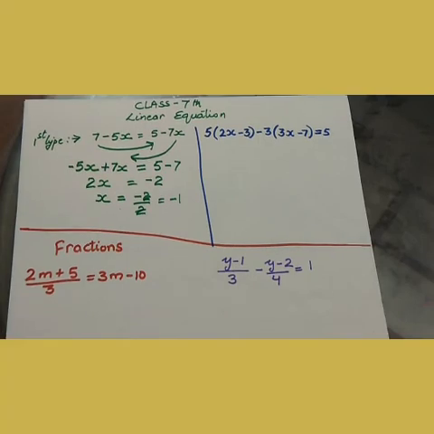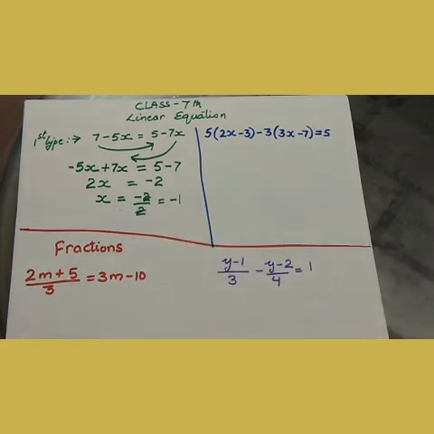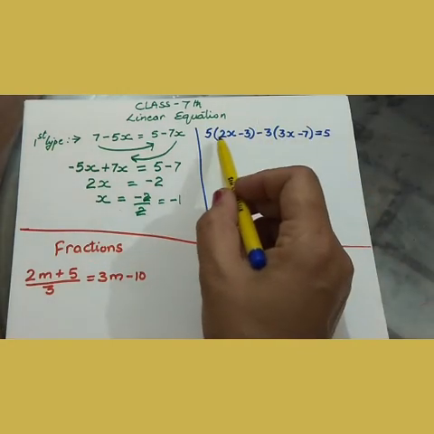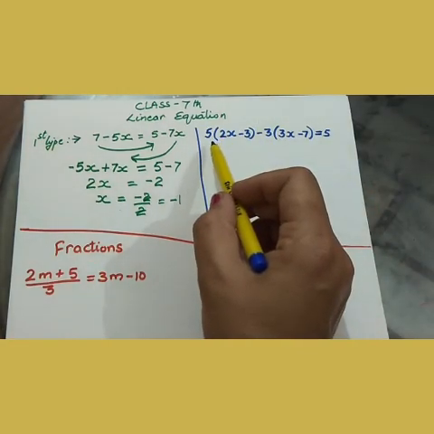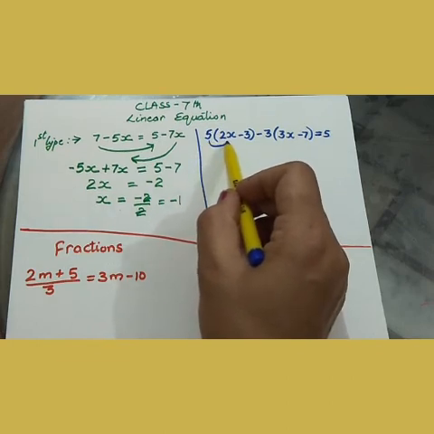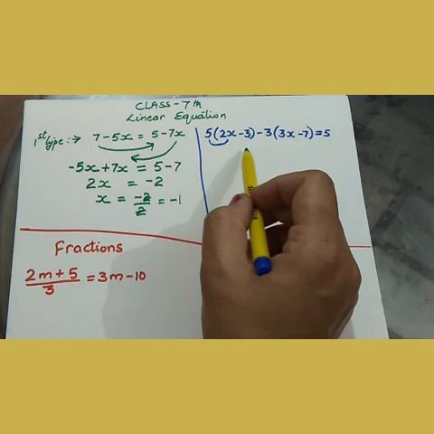Moving to the other equation. Whenever you get an equation like this, if you remember the BODMAS rule that you learned in class 6, you first have to solve the brackets. Whenever there is no sign outside the bracket, it means multiply. So this 5 is multiplied by all the terms inside the bracket.